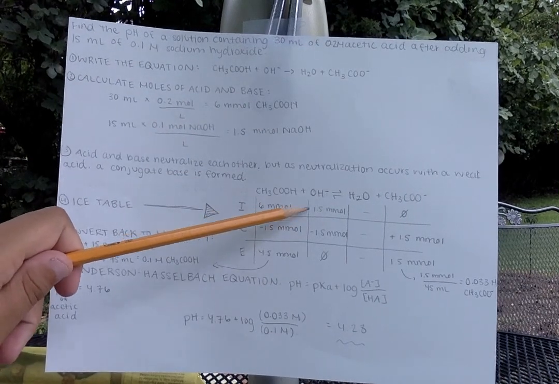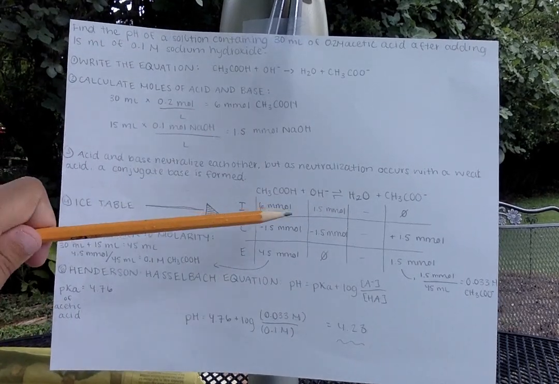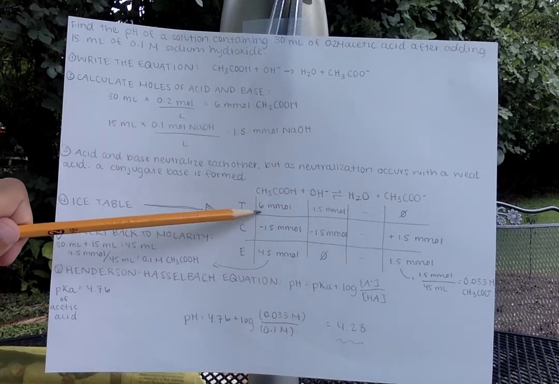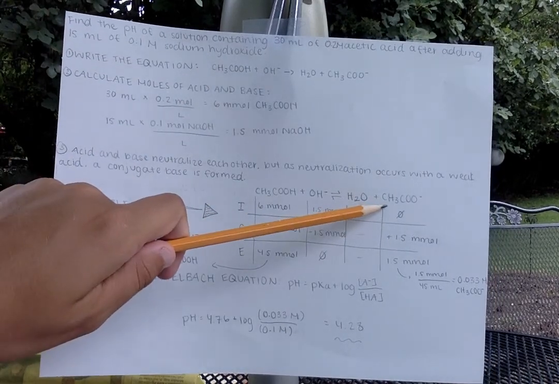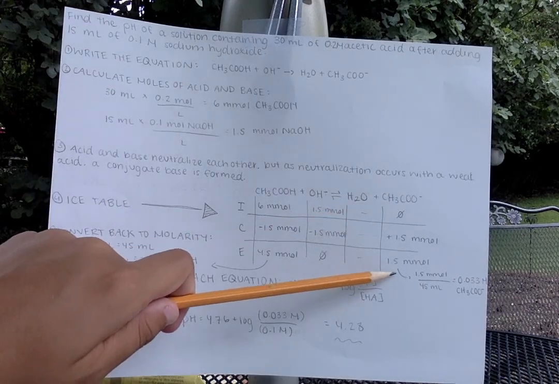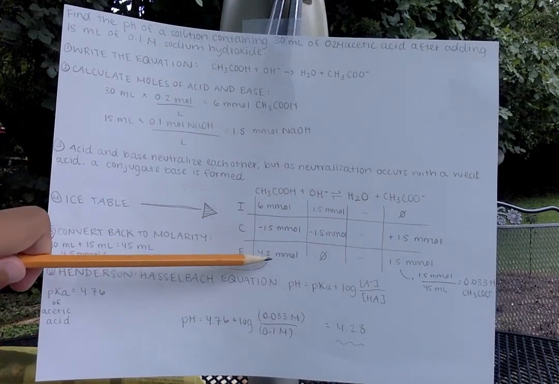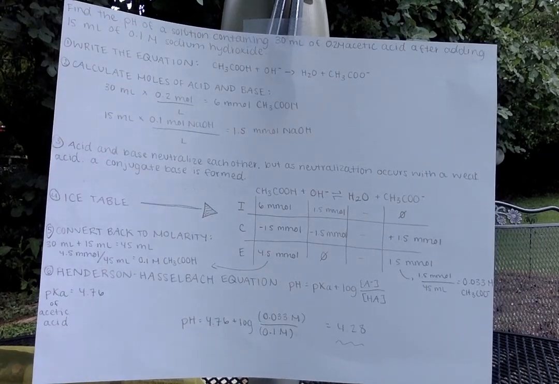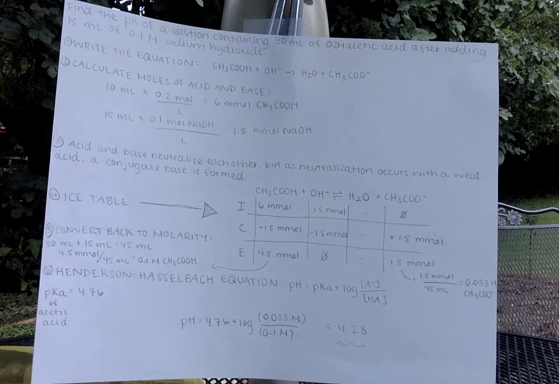And here is what we're adding, that 1.5 millimoles of sodium hydroxide. And so they're neutralizing each other, which is why it's being subtracted. But as that is being neutralized, the conjugate base is formed. So you end up adding those 1.5 millimoles and subtracting. So you end up with 4.5 millimoles of acid and 1.5 millimoles of the conjugate base.